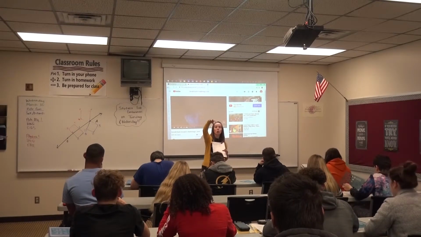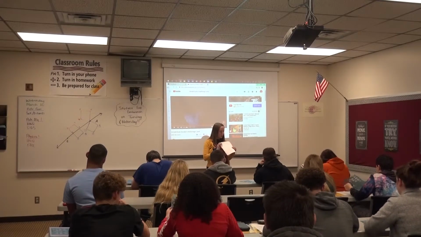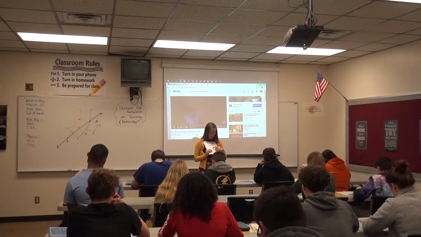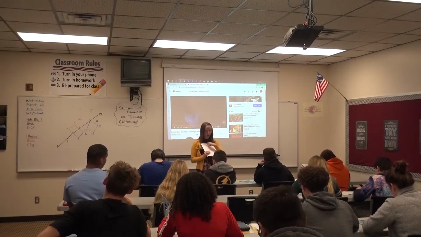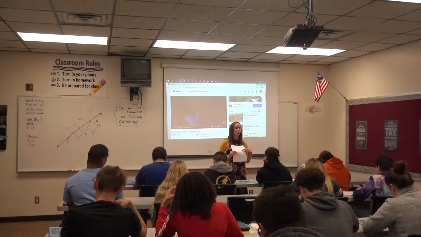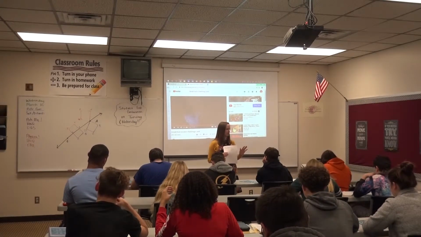What's going to happen is you with your table partner, or group of 3 if you need to make one, are going to work your way through getting the ball from the T to the hole, and you have to follow the path that they gave you. They gave you instructions on how to work through it, and if you have any questions, you can ask.